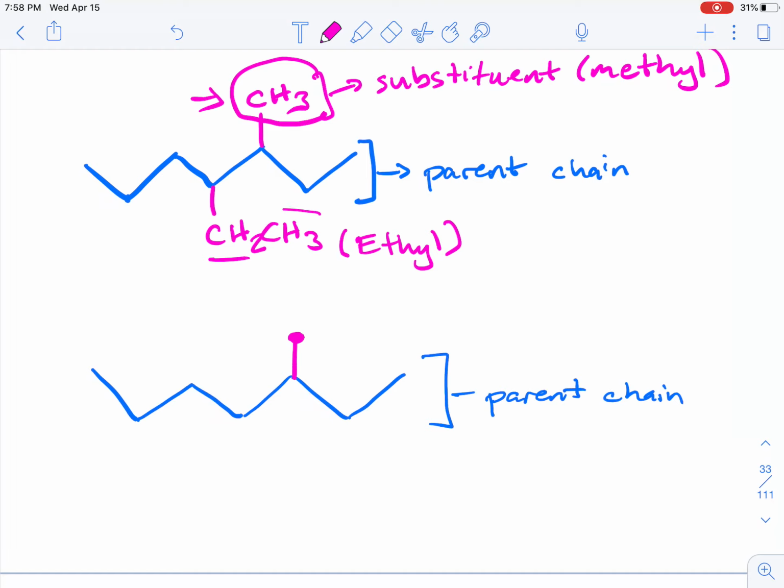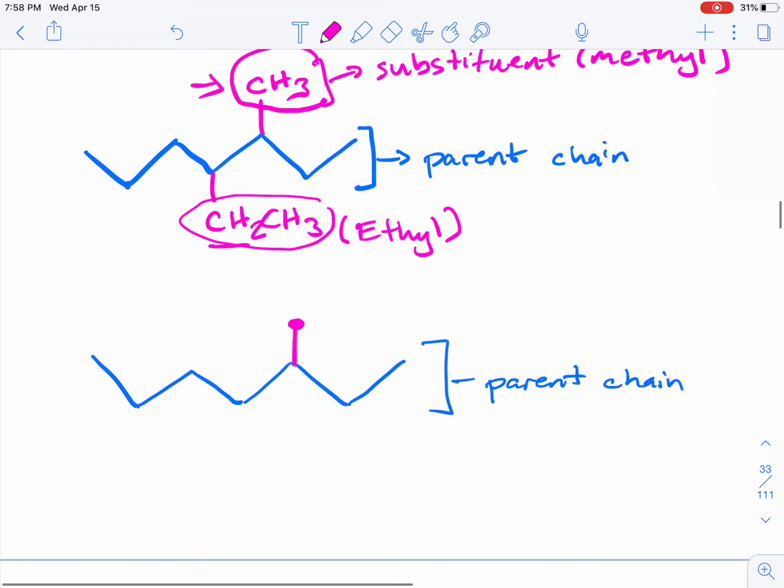Now for the ethyl, notice how there are two carbons. So if I want to depict that as a skeletal structure, I can put 1, 2. There's one carbon right here, and there's that second carbon right there. It's implied that there are 2 hydrogens here and 3 hydrogens here, so that both of those carbons can fulfill their octet rule.